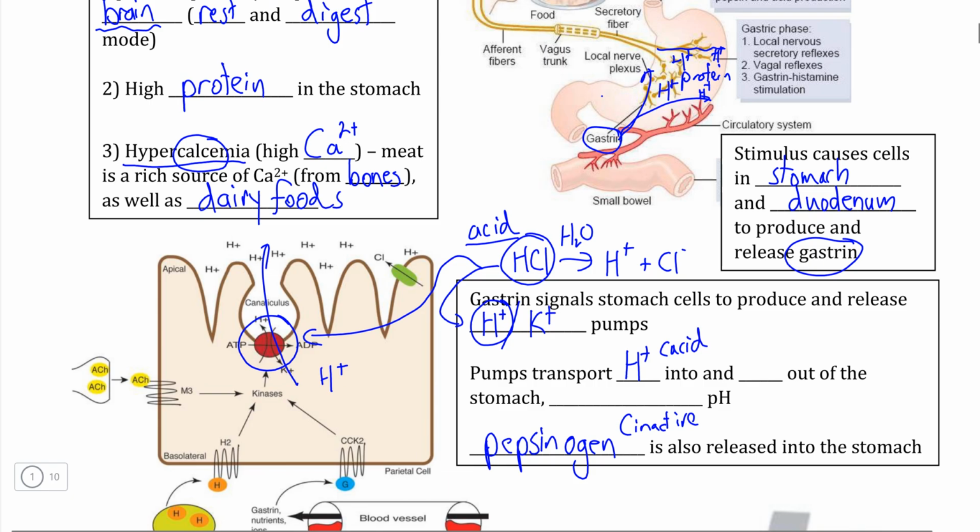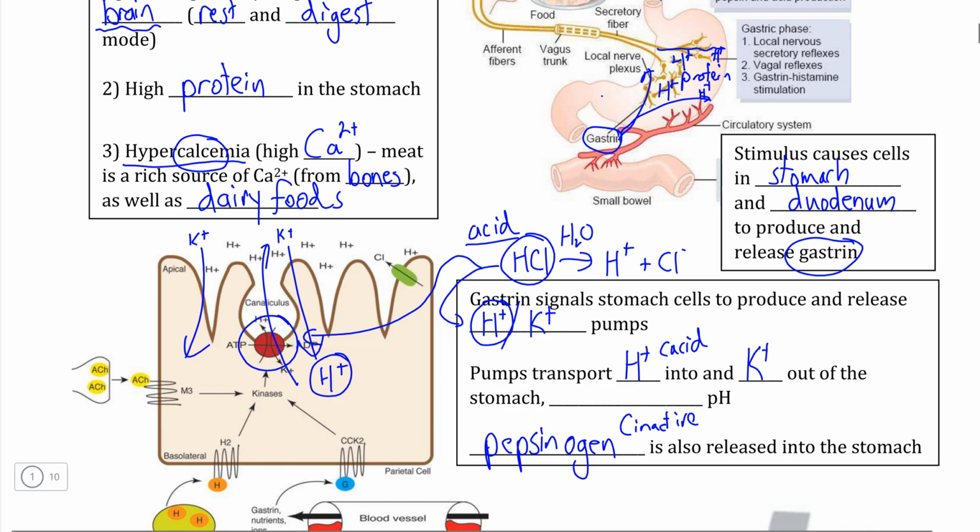Now, the way that these transport proteins work is that they take acid from the inside of our stomach cells and potassium ions from the inside of our stomach. These potassium ions would actually come from potassium-rich food, and they are pumped into the stomach.